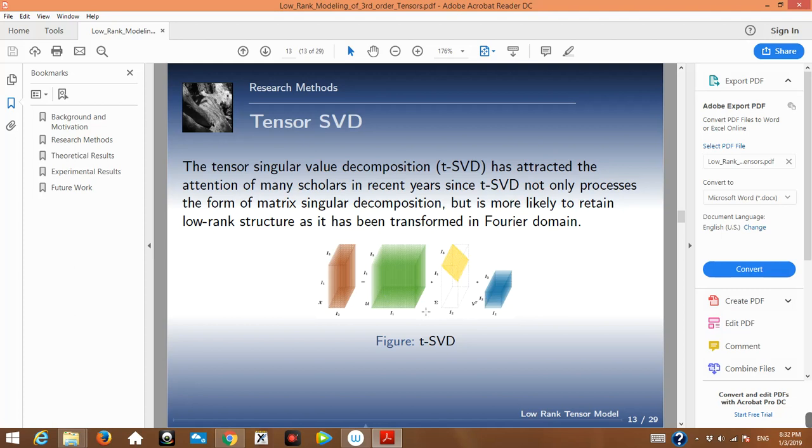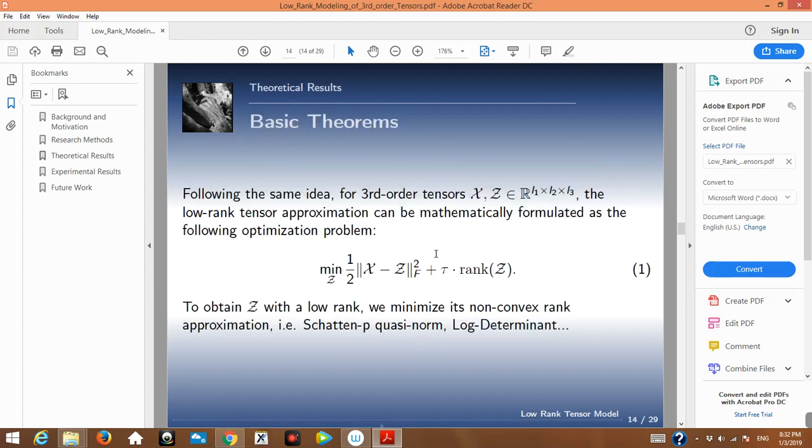And this method is very practical because it not only preserves the form of matrix SVD, but it also preserves the circulant structure when transformed to the Fourier domain. Now, by using this kind of tensor SVD, it is not hard to study low-rank approximation of tensors.